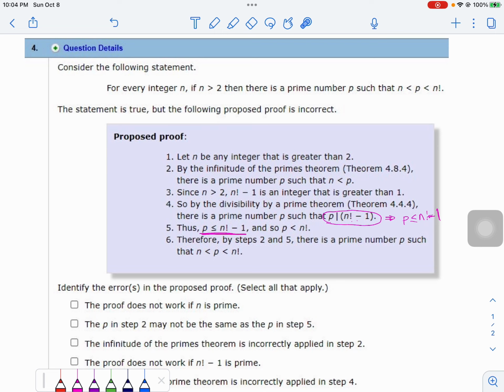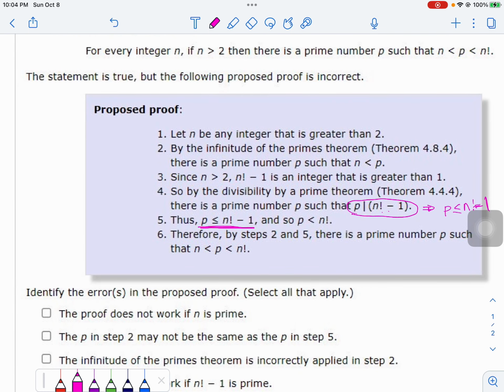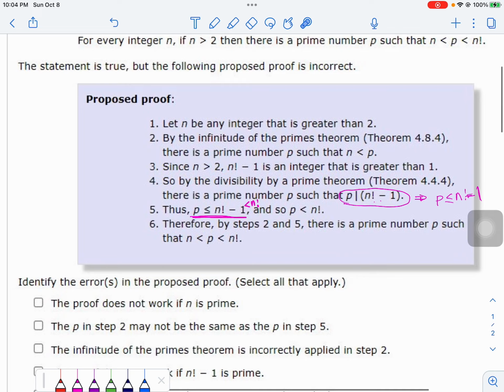And obviously, n factorial is greater than n factorial minus 1. So this means n factorial minus 1 is less than n factorial. This is 1 less than n factorial. So certainly it's less than n factorial. So therefore, p is less than n factorial. So this is completely fine. This is coming from this statement. I do not see any error.